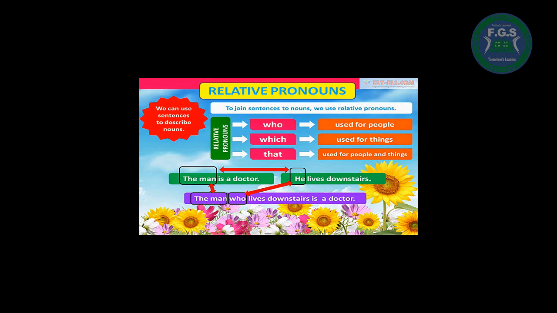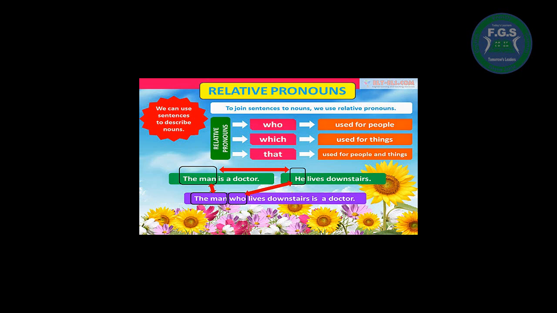He lives downstairs. The man is in the first sentence, and we repeat he in the second sentence. So instead of repeating the subject, I will use the relative pronoun to make two sentences just one sentence. So it will be: the man who lives downstairs is a doctor.